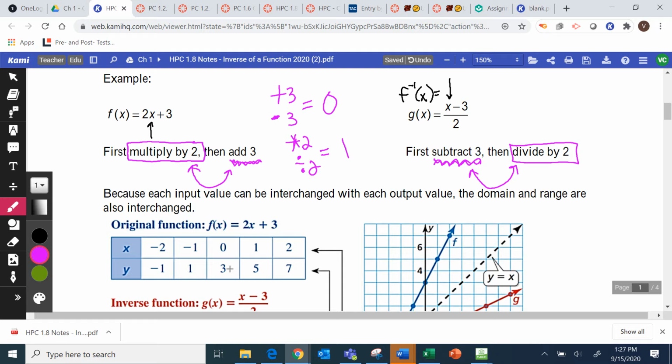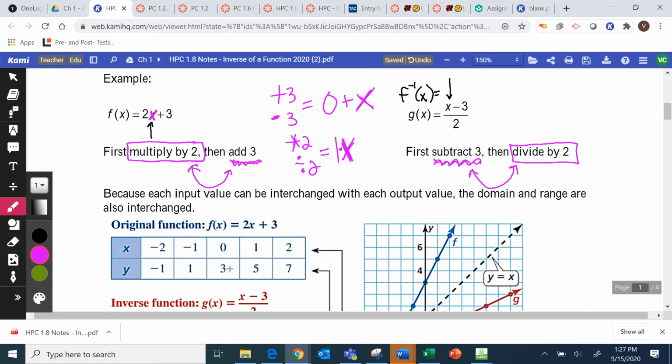Now, in this case, it wouldn't necessarily be 1. It would be whatever x is. So I'm not going to say 1, I would get x. If I add and subtract 3, I would get 0 plus x. If I multiply by 2, divide by 2, I would get 1 times x, or x divided by 1. Same thing, times 1.